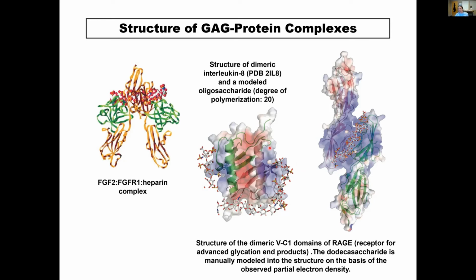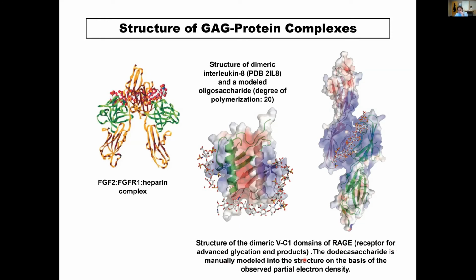I just mainly am highlighting different ways that these glycans can interact with different monomeric or dimeric or oligomeric forms of proteins. And so not only is heparan sulfate involved in forming a co-complex, but it's also involved in oligomerizing certain proteins as well. So here I'm showing RAGE, which is the receptor for advanced glycation end products.